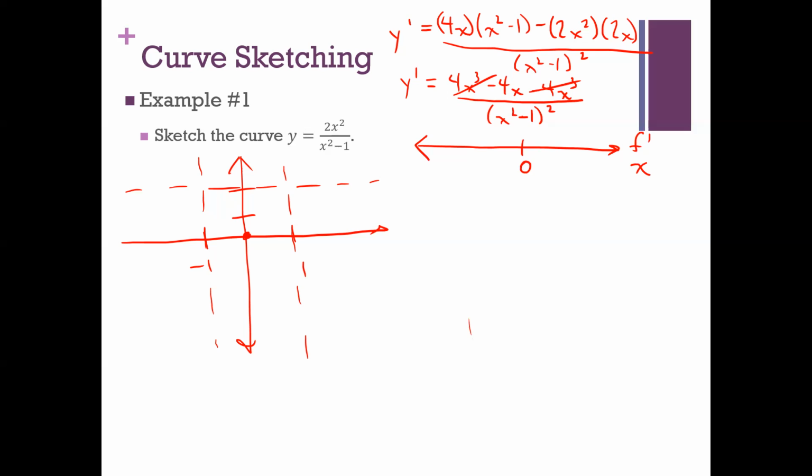1 and -1. Yeah, I think this is going to be, let me put it this way. We said -1 and 1 were not in the domain, right? So it would be impossible for the derivative to be defined at places where the function is not defined. Remember what we said about differentiability and continuity.